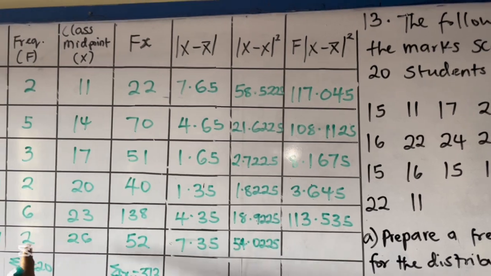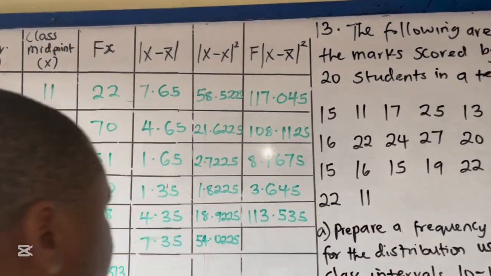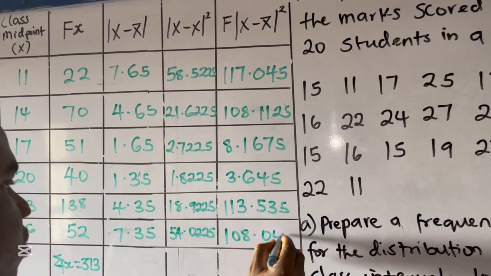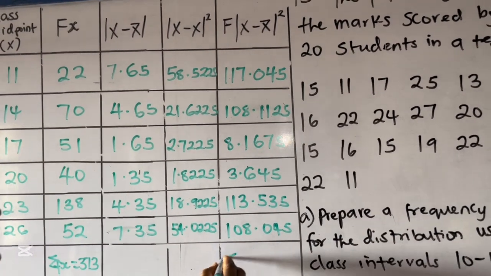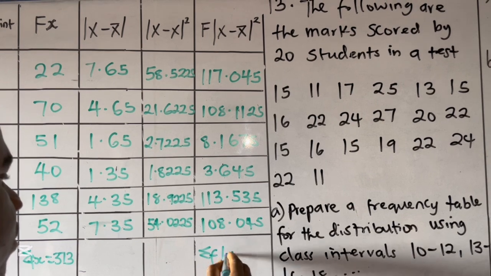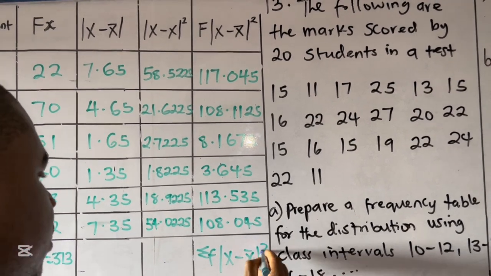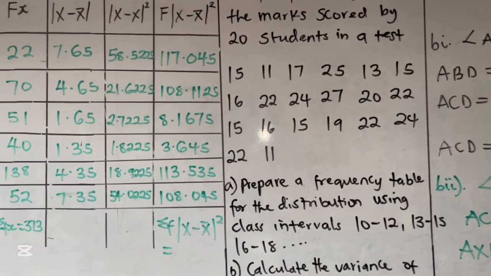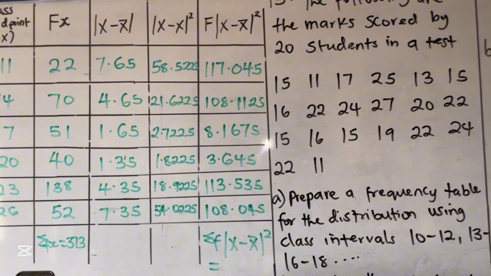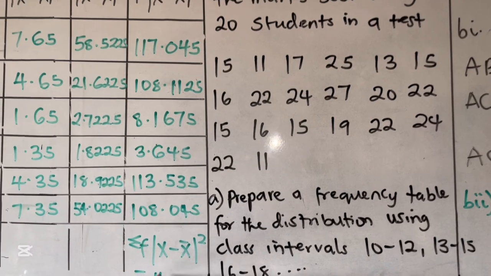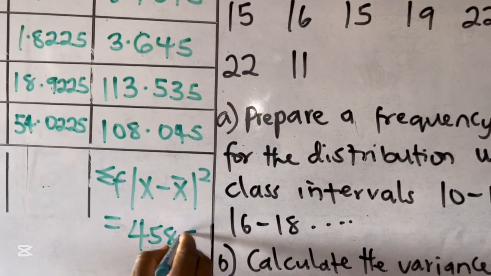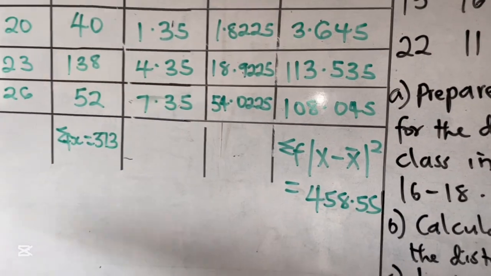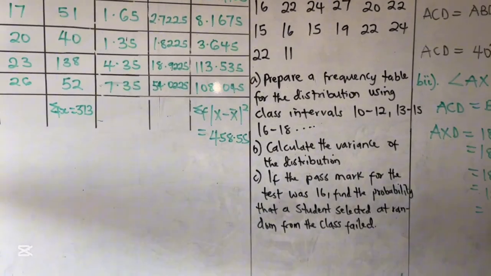Next one, we have 2 times 54.0225. This gives us 108.045. So we are going to find the summation of this. We are going to add this together. You're going to permit me to use my calculator in this case. Alright, so we have 458.55.